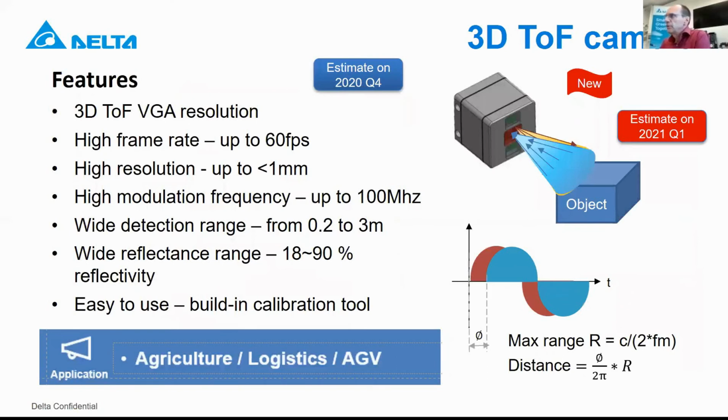The second one is the TOF camera. We are already starting promoting it. TOF is time of flight. That means you send out the signal, the light signal, and you are measuring the time that it takes before it comes back in your camera. It is easy to use.